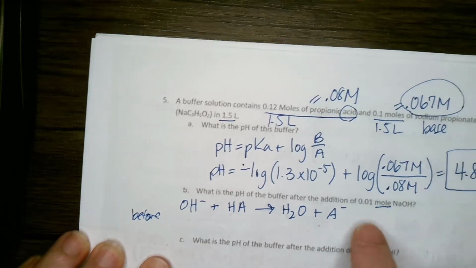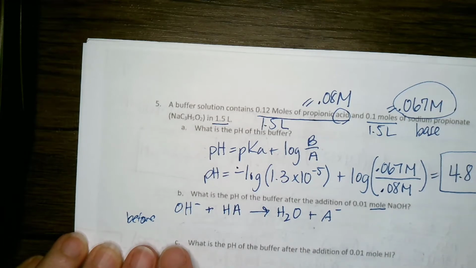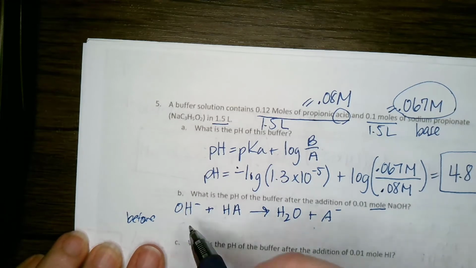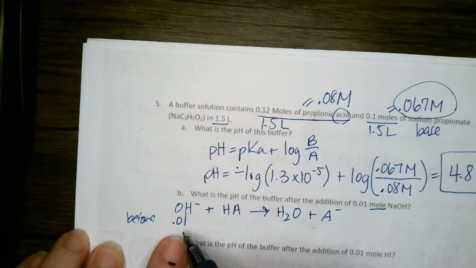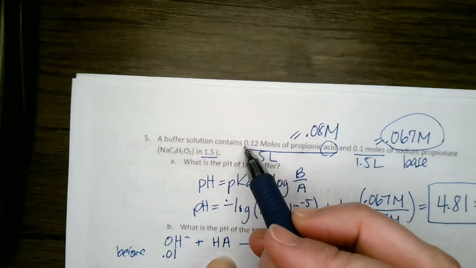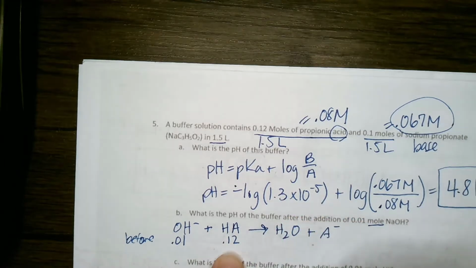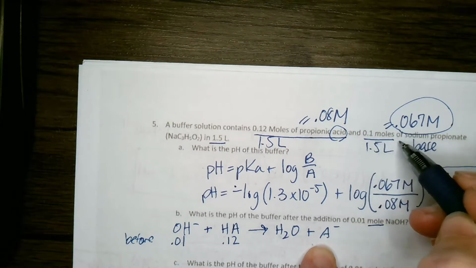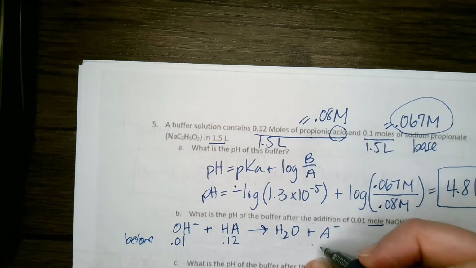All right, so let's write down what we started with before. And let's just look at moles. We'll change it to concentration here in just a minute, but since we're given moles here, let's look at this. So before, we are given 0.01 hydroxide. Before, how much acid did I have? 0.12 moles of acid. All right, and I also had 0.1 moles of my conjugate base.